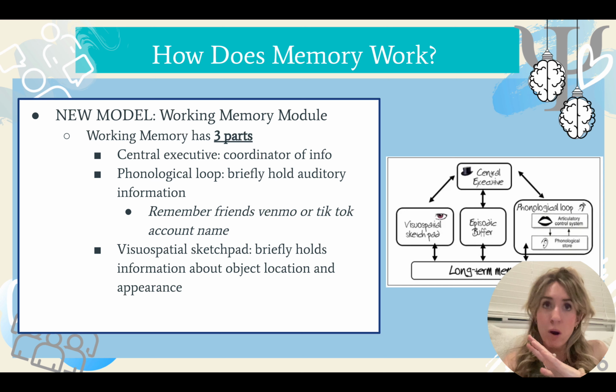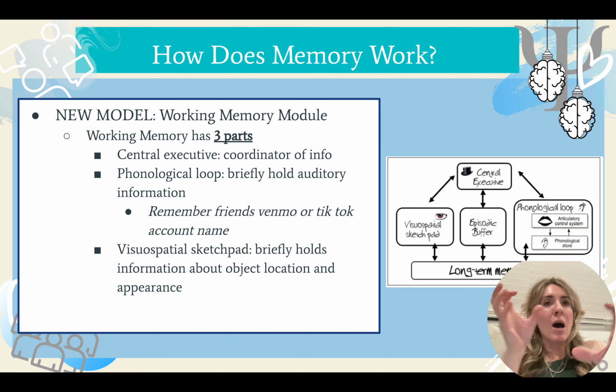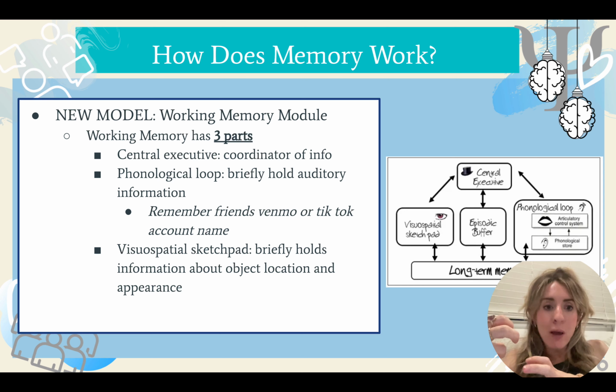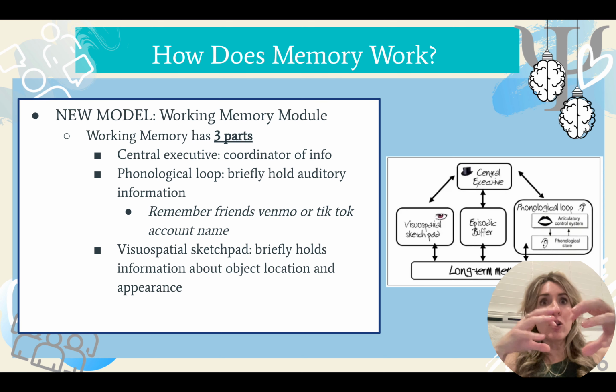Then we have another part, which is the visuospatial sketchpad. This is the part of your working memory that holds on to visual information: where things are located, what they look like, and how they're manipulated in space. The central executive can turn on one, ignore the other, or use both, manipulating what's happening.